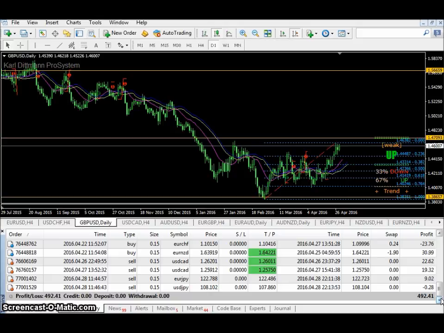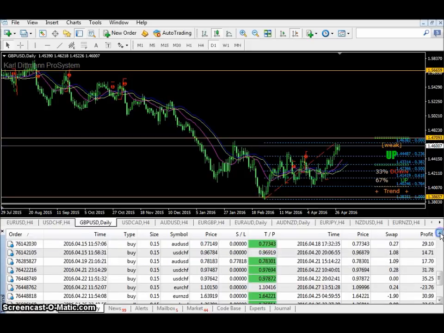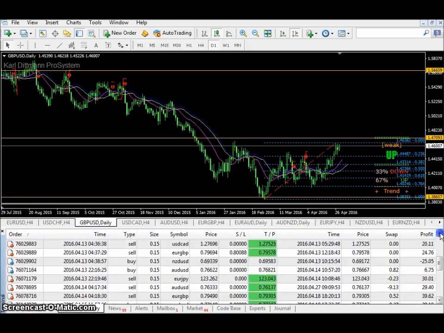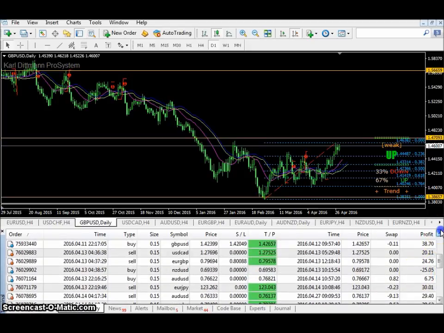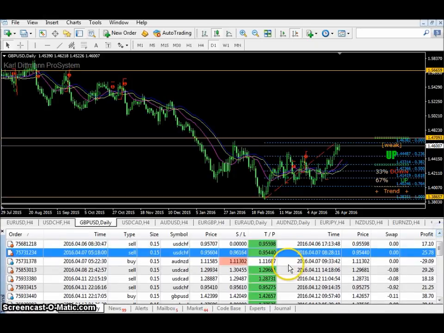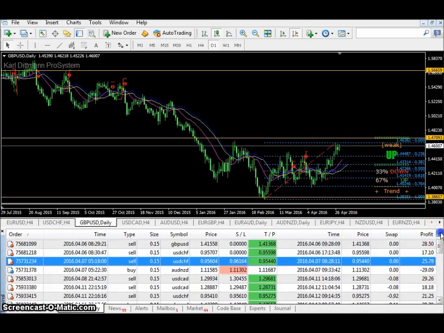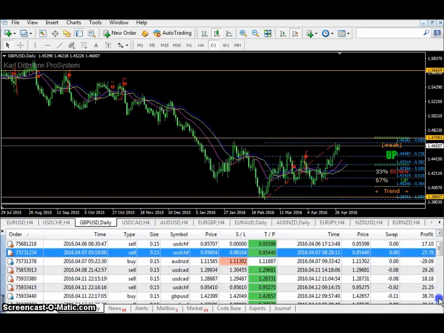So don't look at what you're gonna lose. Look at what you're gonna gain. It's backwards. Everybody looks at this from a backwards perspective, and it'll make you lose. You can see all the profit here. I took a couple of losses. There's a loss for 25 bucks. There's a loss there for $29. That's this month.